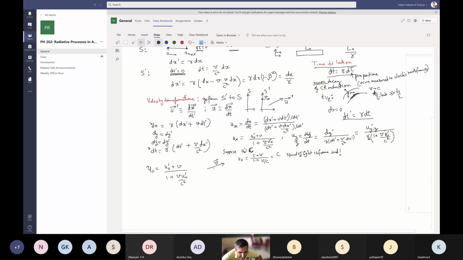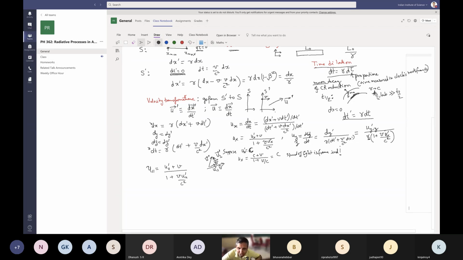So I take my velocity u prime, and I take the parallel component along the relative velocity and the perpendicular component in the perpendicular direction. So this is my u parallel prime in the direction of v hat, and this transverse direction is just u perp prime, right? This is all in the frame S prime.